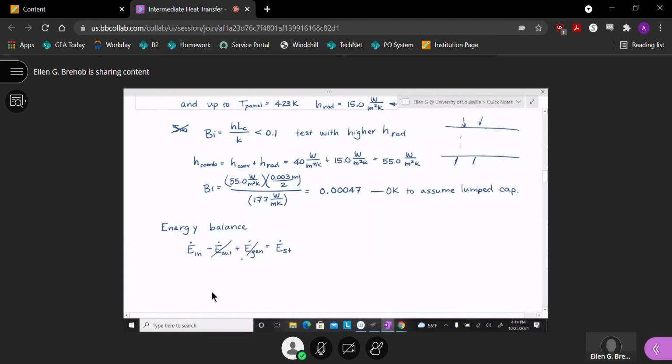And we don't have volumetric heat generation, but we do have storage.